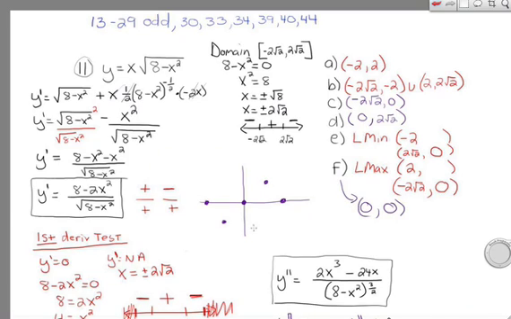I'm going to guess at the point. The rest of this I'm going to figure out with concavity. I'm not really even going to look at increasing, decreasing, because clearly it's got to be increasing to get from this point to that point. So I am concave up, so bowl-shaped up to here, and then from 0 to 2 root 2. So this is an inflection point here. Now I'm going to concave down until the end.